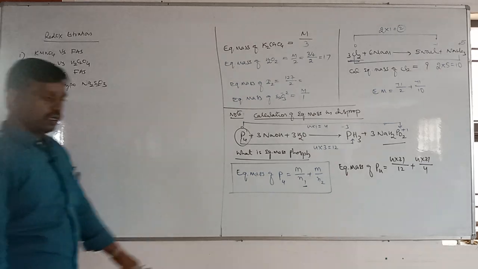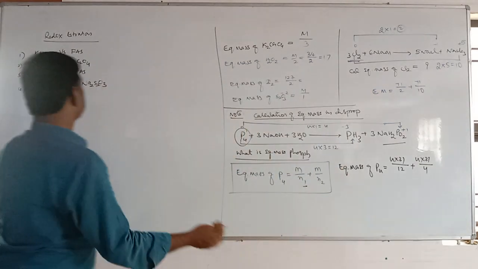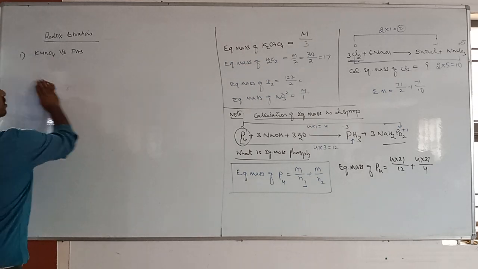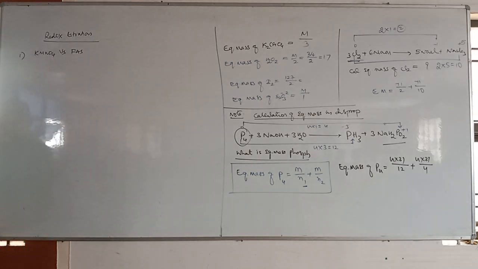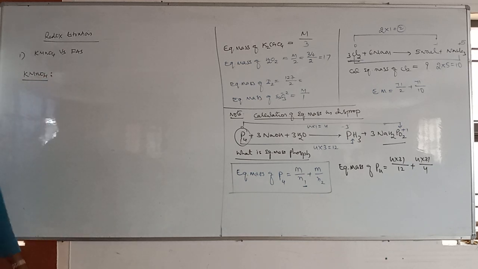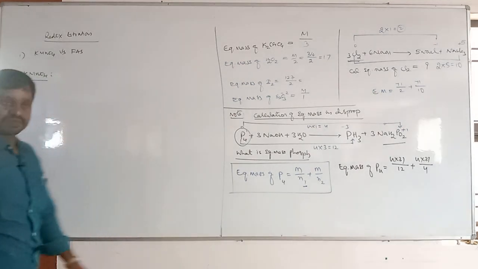Let's see first one, KMnO4 versus FAS. Let us take first potassium permanganate, KMnO4. Tell me, in this titration, potassium permanganate taken in burette or conical flask?